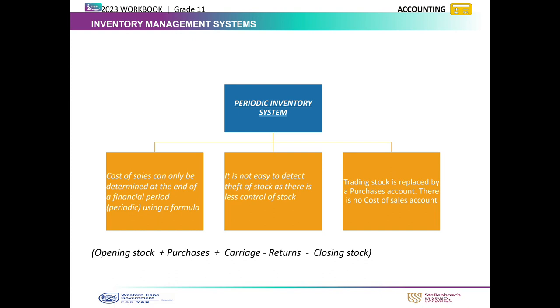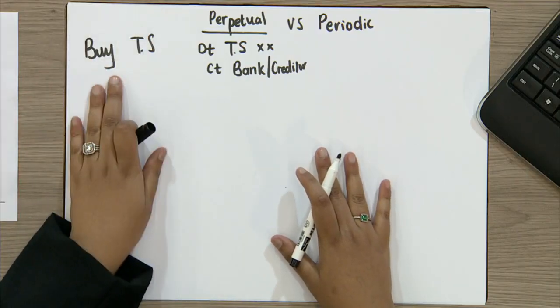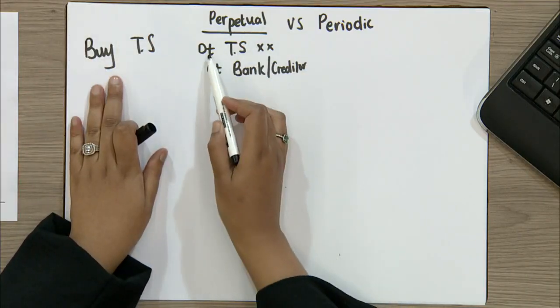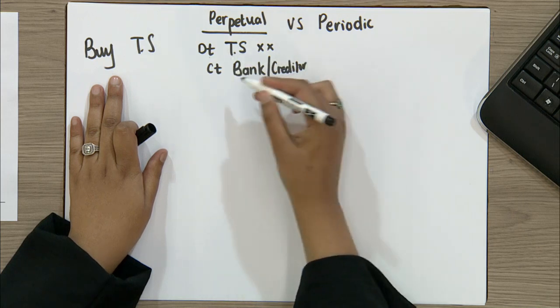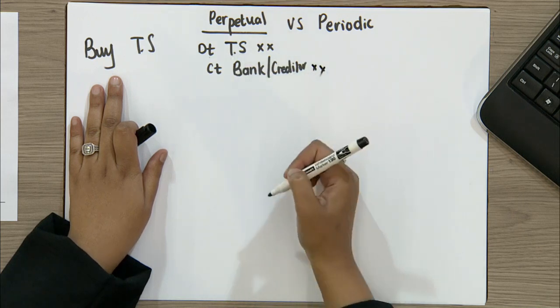Trading stock is replaced by a purchases account. There is no cost of sales. So, looking at this again, when we buy trading stock, in the perpetual we would debit trading stock with the amount and credit bank or creditors with the amount.